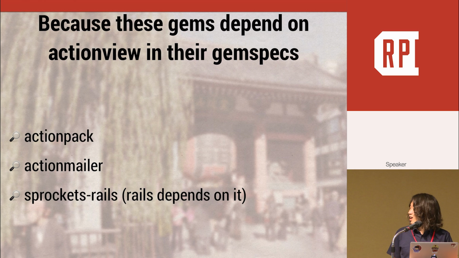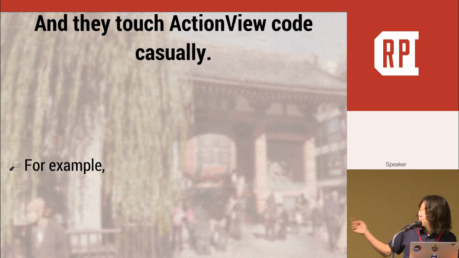Because, I dug a little bit deeper, and I found that these three gems actually depend on ActionView in the gem specs: ActionPack, ActionMailer, and Sprockets Rails. Sprockets Rails is required from Rails, so it's, I think, inevitable to require Sprockets Rails in a Rails application. And each of them touches ActionView code casually, for example, like this.